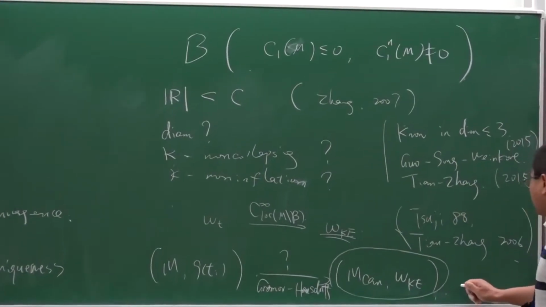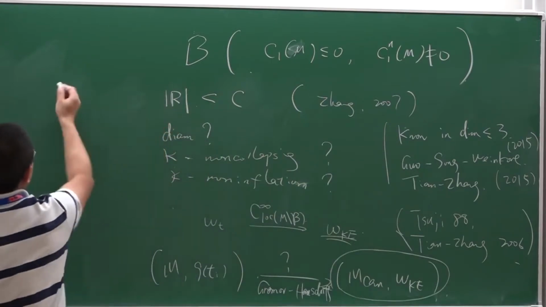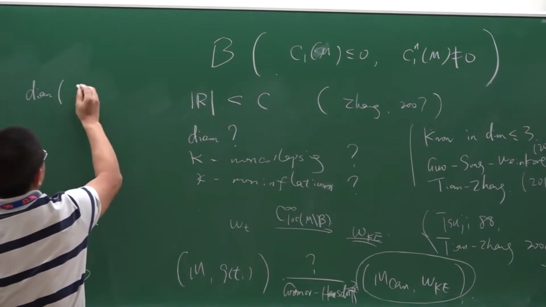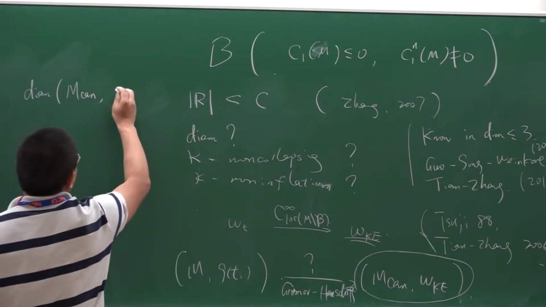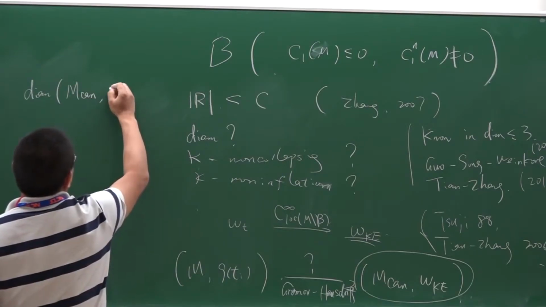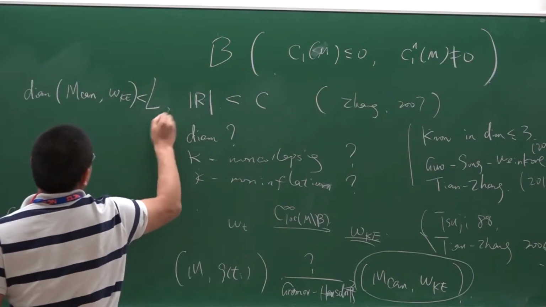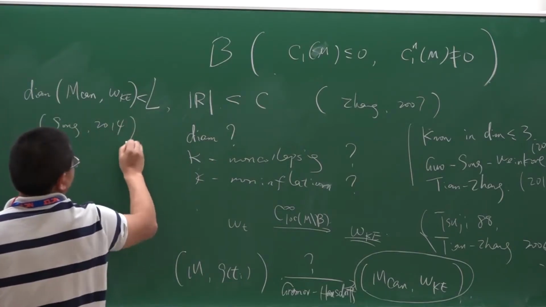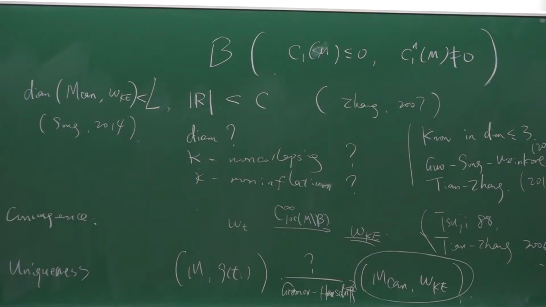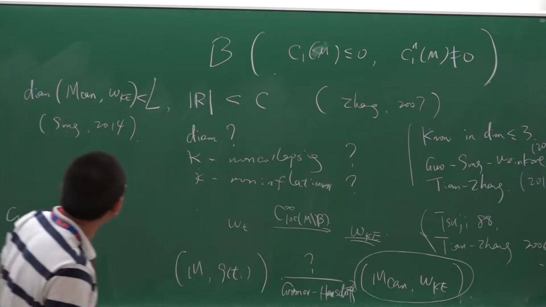So the diameter of this canonical model of M is bounded, let's say, by L. This is a result of Jian Song. Basically, you solve the Monge-Ampère equation, and you estimate the behavior around the singular set. So he obtained this bound.